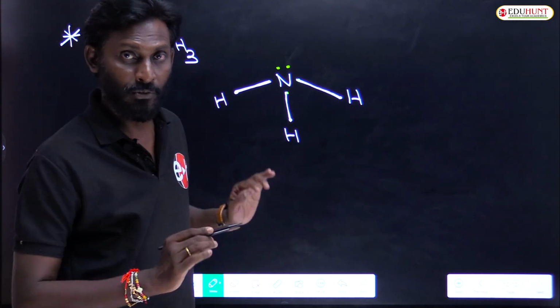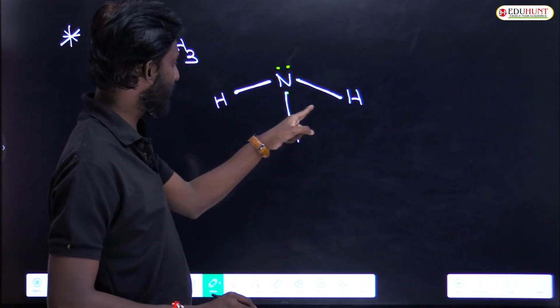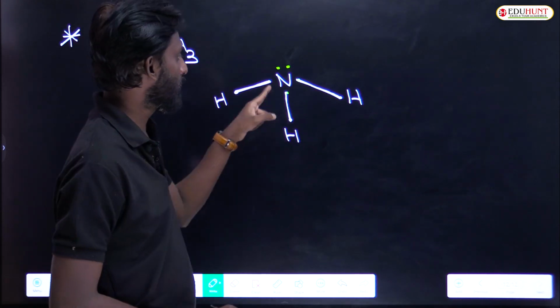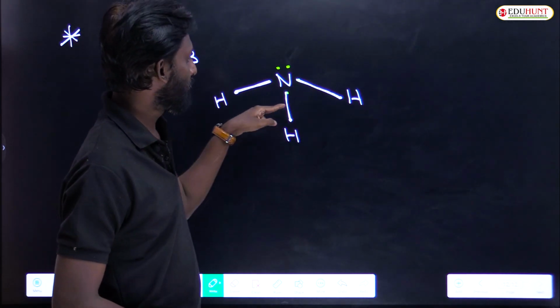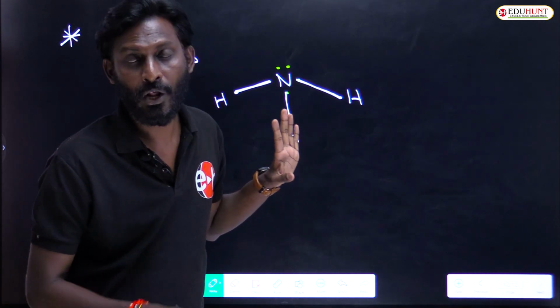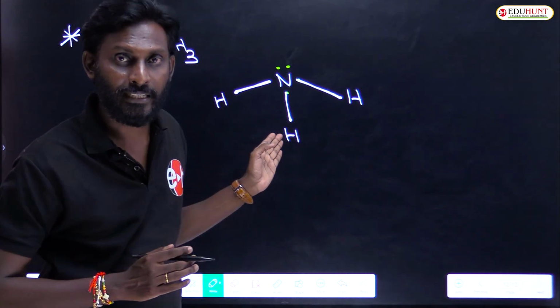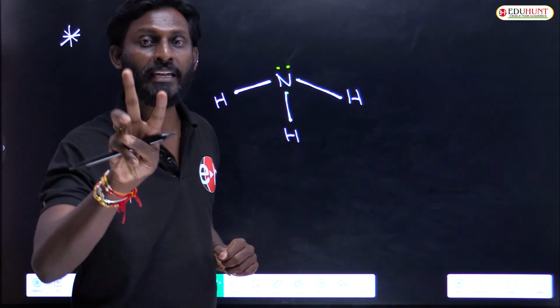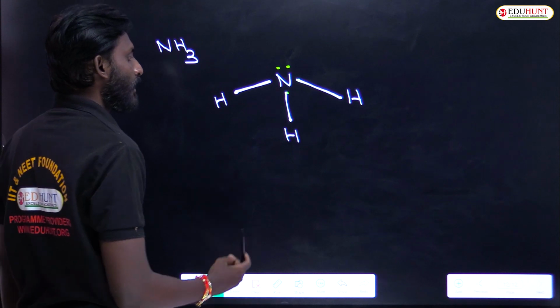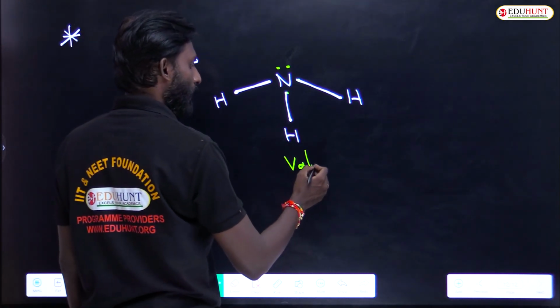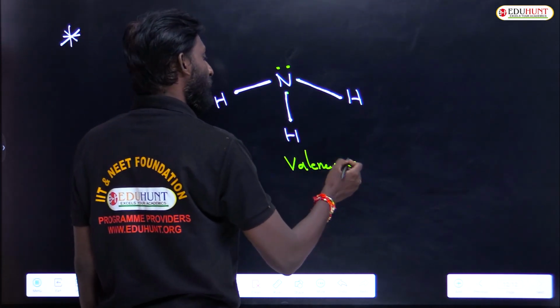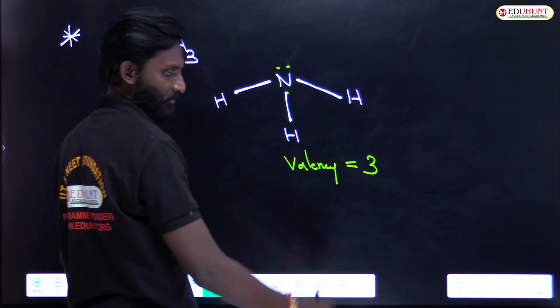The valency shell of nitrogen means this entire thing, that means 1, 2, 3, 4, 5, 6, 7, 8. Now nitrogen has completed its octet by sharing 3 electrons. Right? That's why the valency of nitrogen in ammonia is 3.